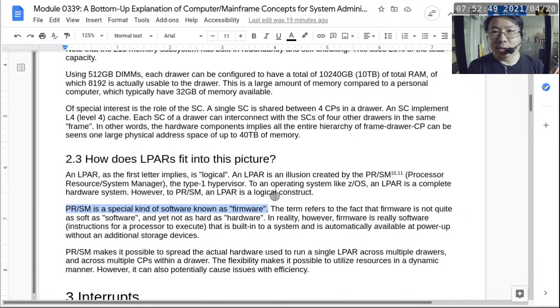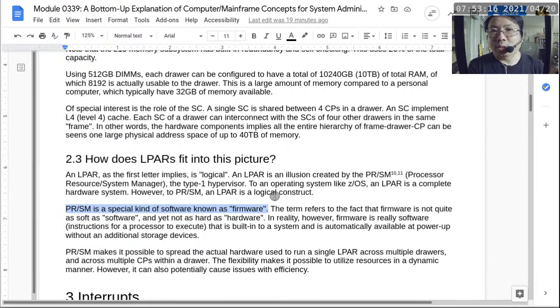It is, for lack of a better word, baked into the system. But it is not immutable. You can still change it. It's just that updating the firmware is an entirely different process compared to even installing z/OS on top of PRSM.